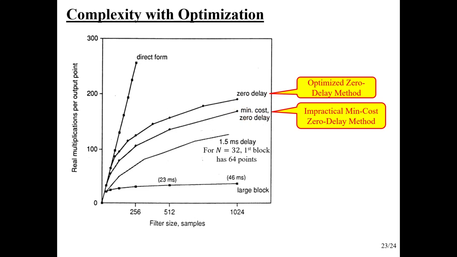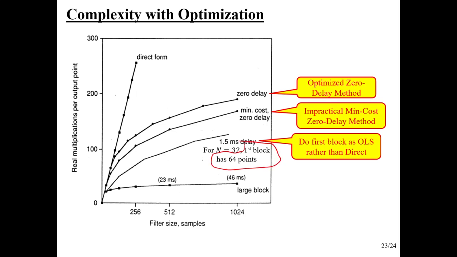So what's this other curve here? Well, if we say, you know what, let's do the first block as overlap save as well, rather than direct. Then we can calculate the amount of latency will be the size of that first block. If we use N equal to 32, the filter block will have a size of 64.